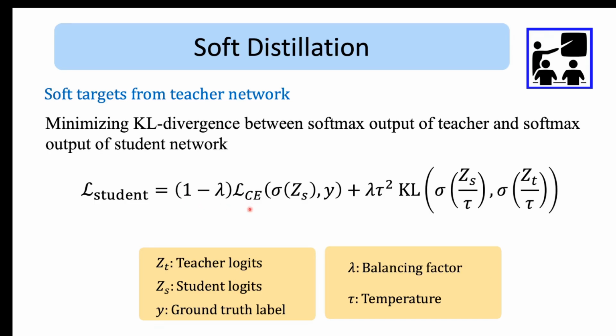The first term is a regular cross-entropy loss using the ground truth labels y, and the second term is the KL divergence between the probabilities of the student and teacher. Lambda and tau are the hyperparameters, where lambda is the balancing factor between the two loss terms, and tau is the temperature that controls the smoothness of probabilities.